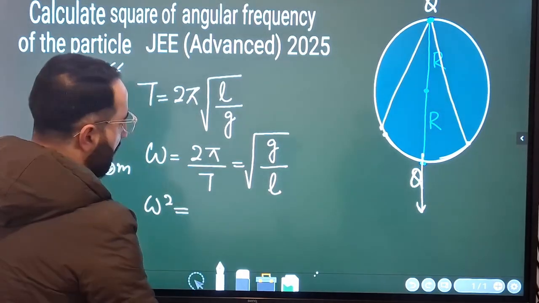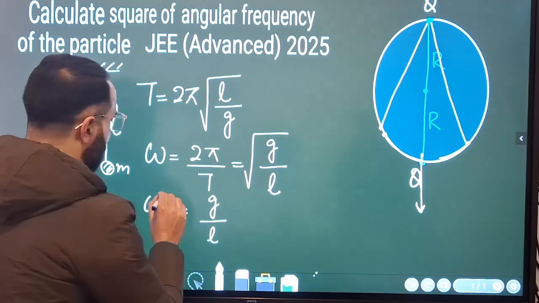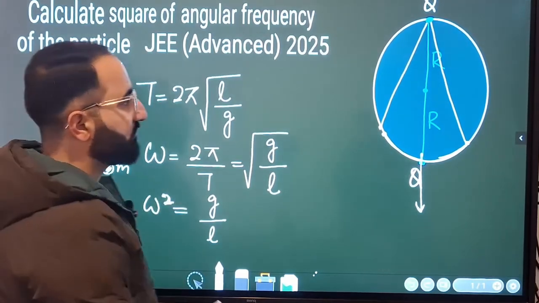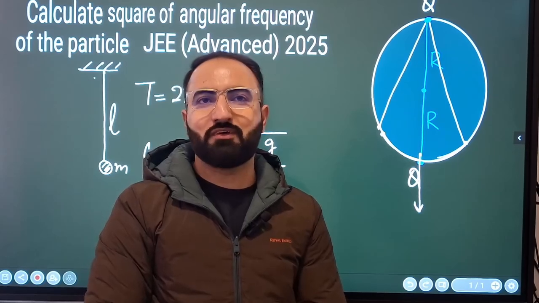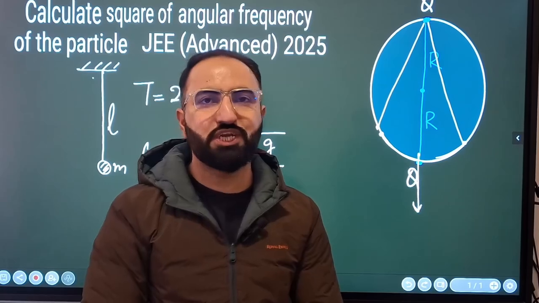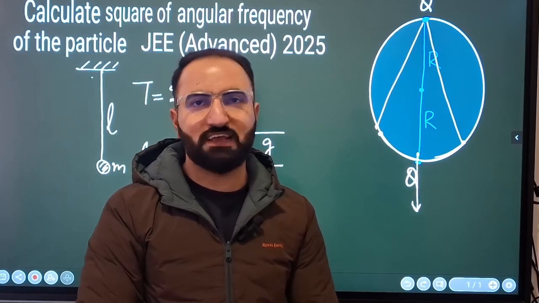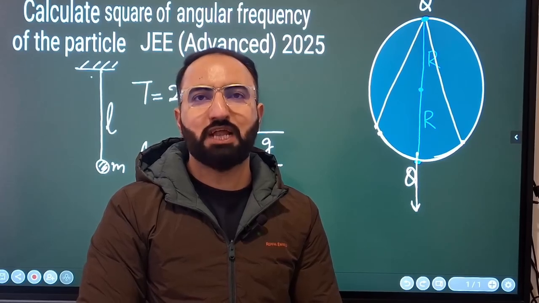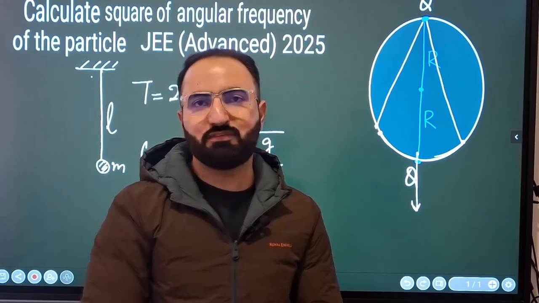The value of omega square will be g divided by L. So we have calculated the square of the angular frequency of a simple pendulum, which comes out to be g divided by L. This g is obviously the acceleration due to gravity, and this L is the length of the simple pendulum.